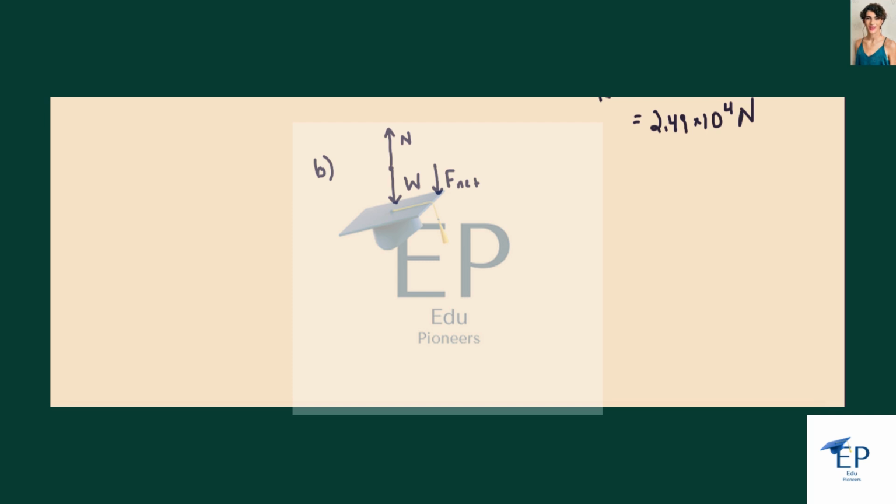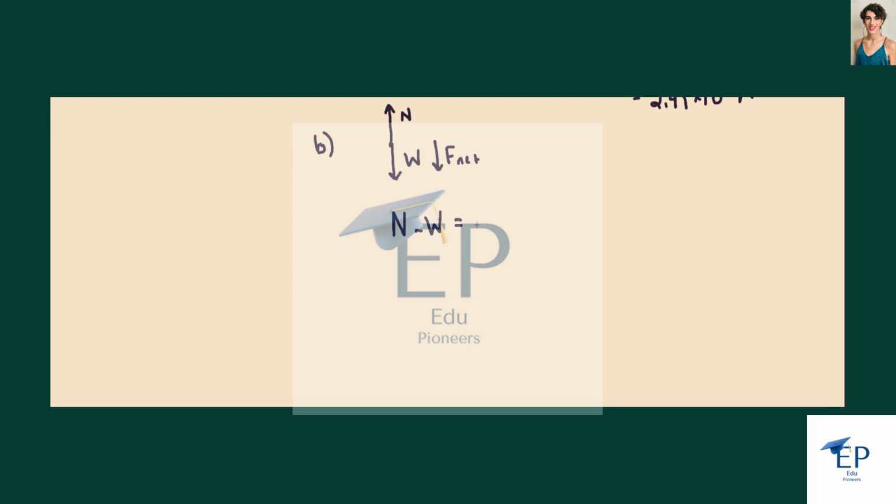Let's see, we want the speed. Well, let's write down the equation. So the normal minus the weight is equal to, so the net force has to be down, so that's going to be minus mv squared over r. Okay, this actually does sort of reproduce my intuition, because for every v you pick, you can calculate the normal force.